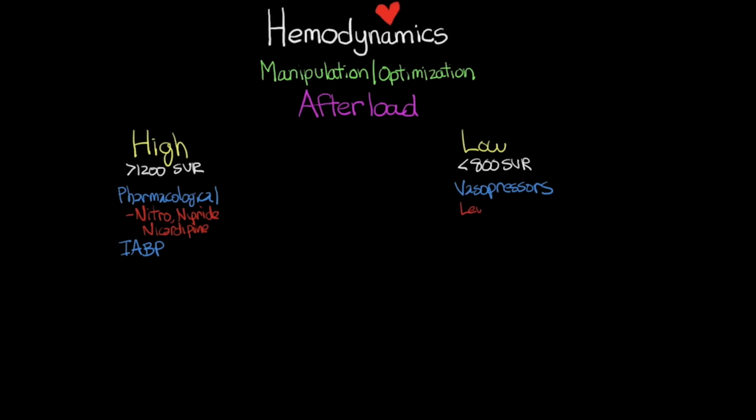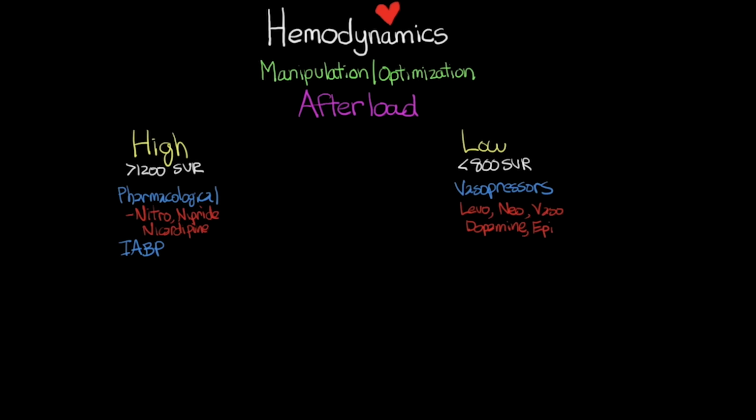So this is going to be your Levophed, your neosynephrine, your vasopressin, dopamine, epi, any of the medications that are going to increase that vascular squeeze, increase your SVR, and be able to support a blood pressure, and more importantly, an optimal and sufficient mean arterial pressure.